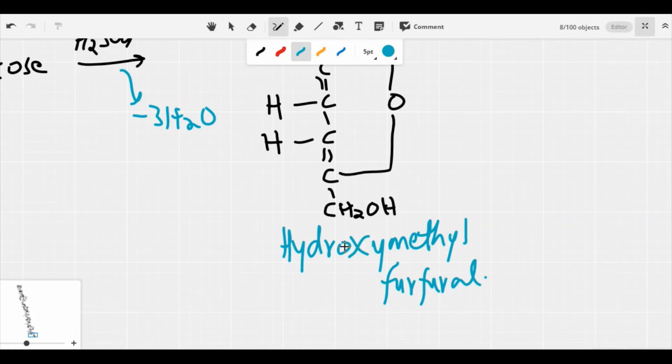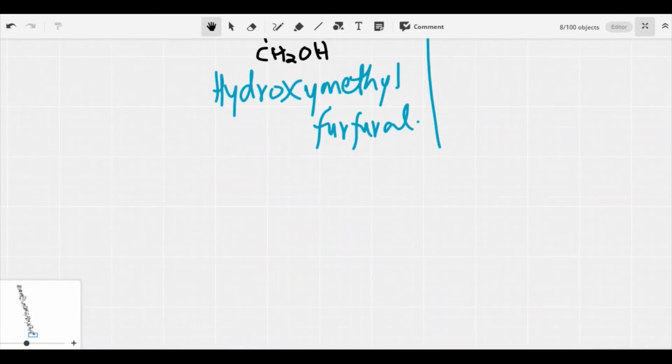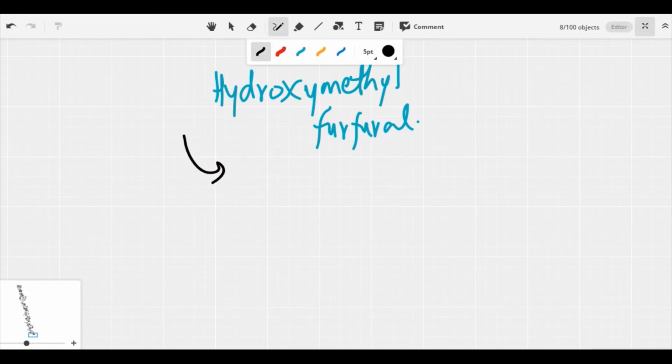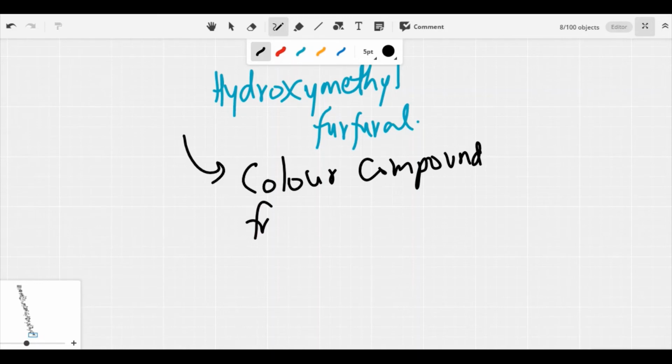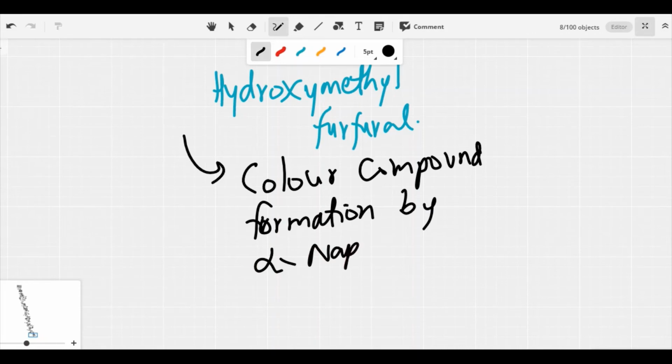This is the chemical basis of the popular Molisch test: colored product formation by the use of alpha naphthol.